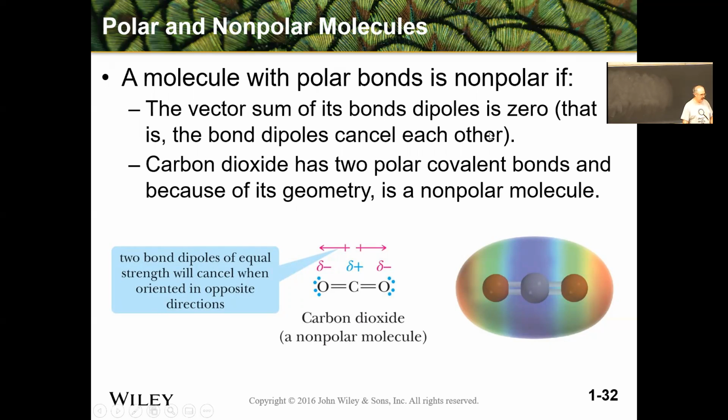So this has polar bonds, but it is a nonpolar molecule. That's because these 2 bond dipole moments oppose each other and they completely cancel each other out. This is the electrostatic potential map. Electron density is greatest on the ends, and then it's electron lacking in the middle where it's blue.